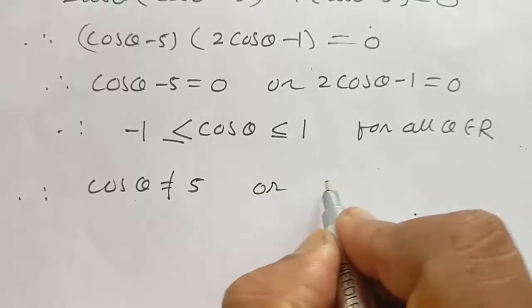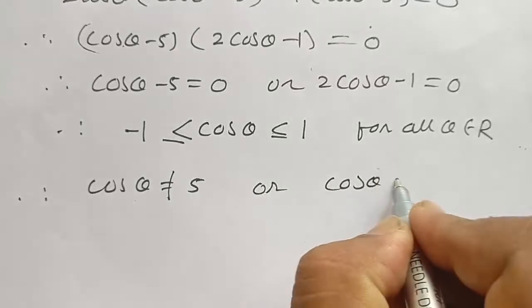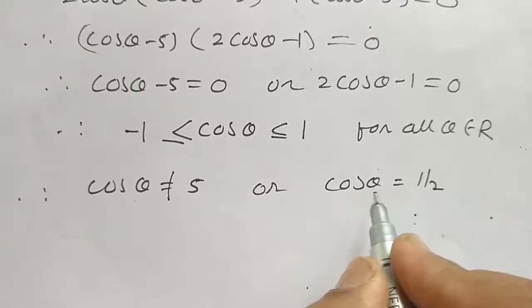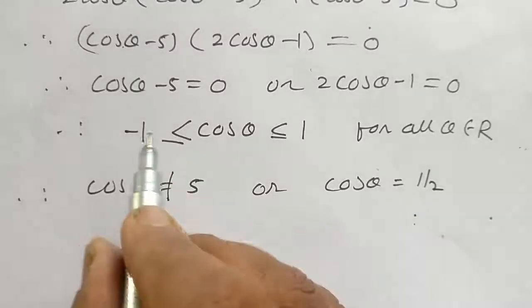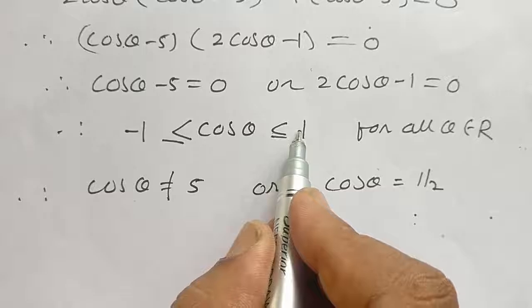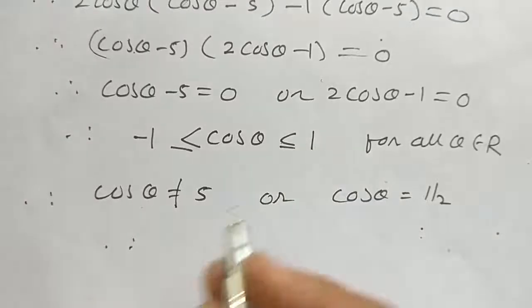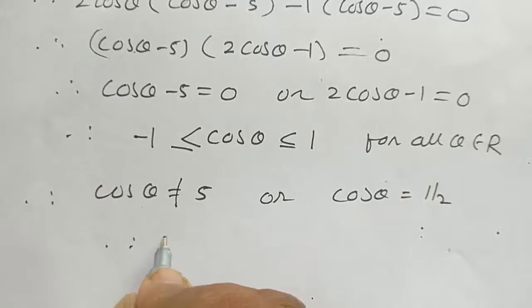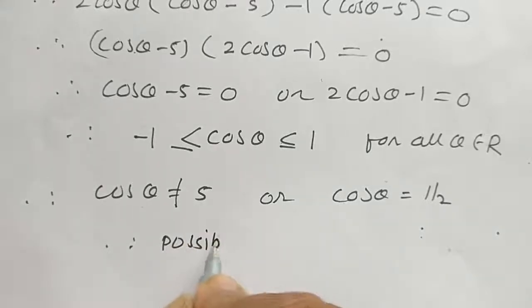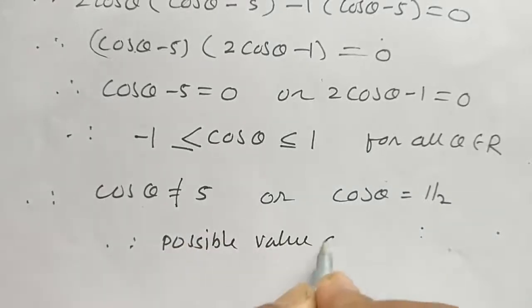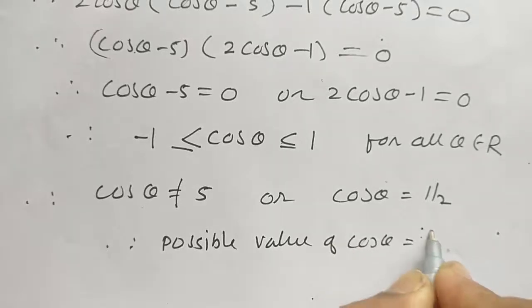Or cosθ = 1/2. It is admissible, it belongs to the range -1 to +1. Therefore, the possible value is cosθ = 1/2.